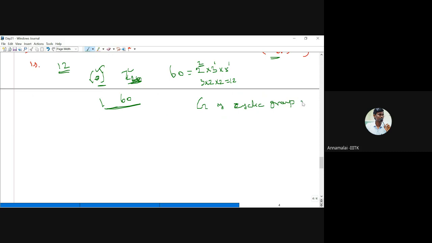Suppose G is a cyclic group of order n, then we know by the theorem that G is isomorphic to Zn. Finding the number of subgroups of G is nothing but finding the number of subgroups of Zn, and the number of divisors of n is the number of subgroups.